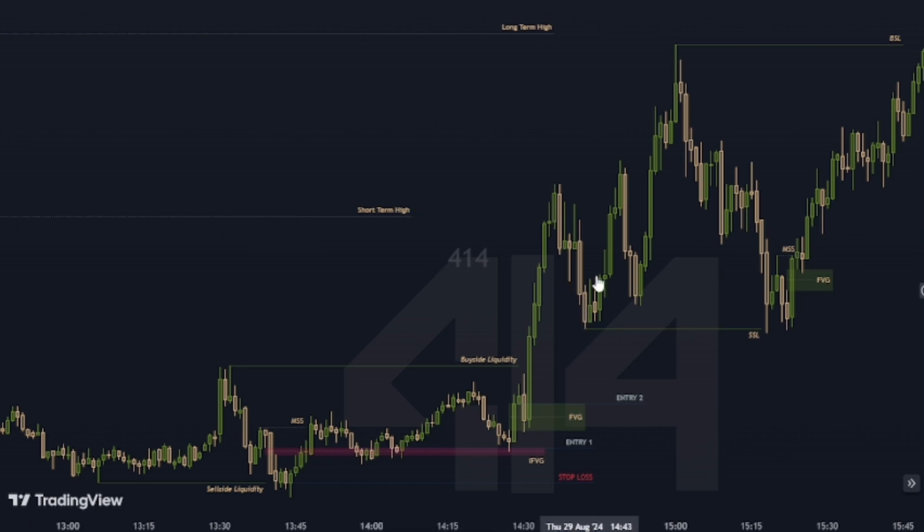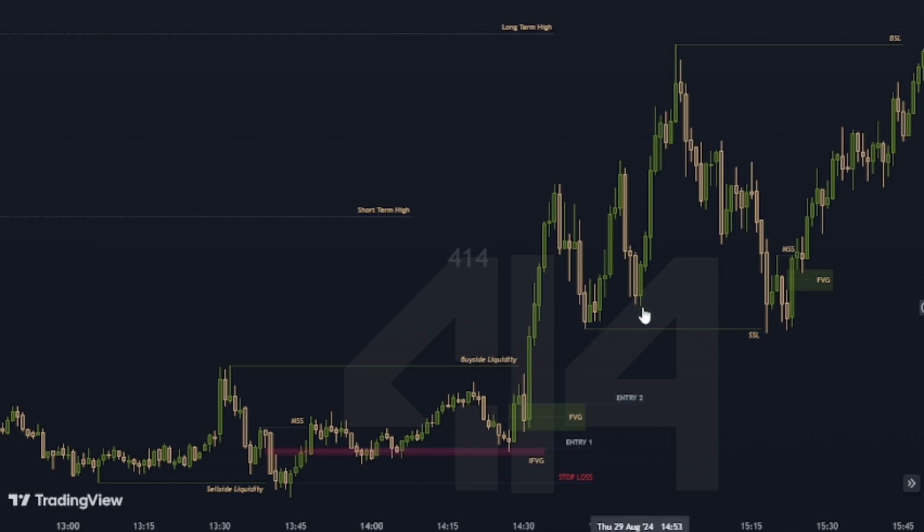Price kept going higher, but we couldn't get to that long-term high. And then price came back down. Everybody that was with price while price was going higher will keep adjusting their stop loss from there to here, here, stop loss here, and then price will run below, triggering that stop loss.